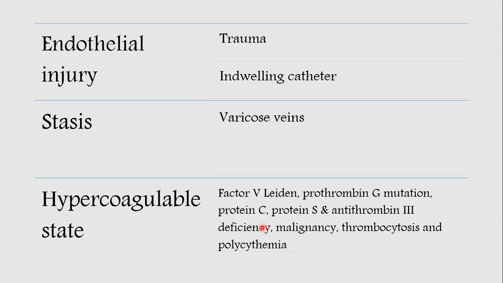Lastly, the hypercoagulable state, in which there is an imbalance between the normal coagulation and normal anticoagulation naturally occurring in the human body. Common examples are factor V Leiden, prothrombin G mutation, protein C, protein S, and antithrombin 3 deficiency, malignancy, thrombocytosis, and polycythemia rubra vera.